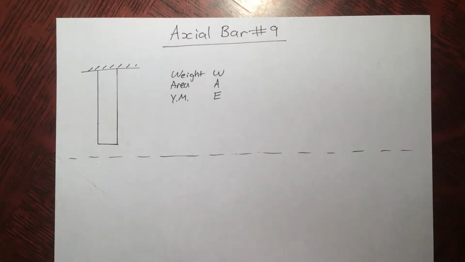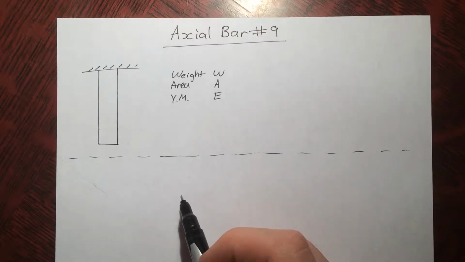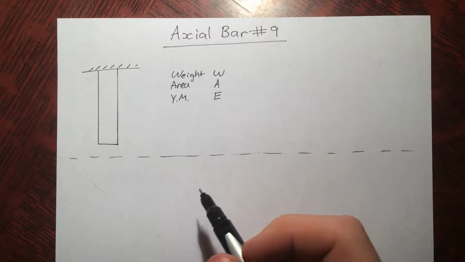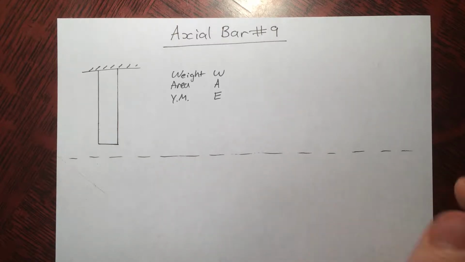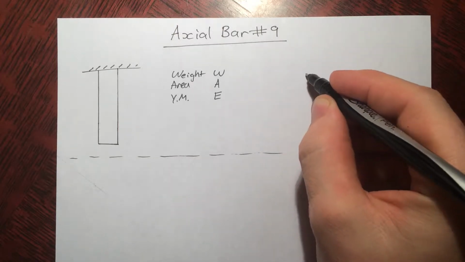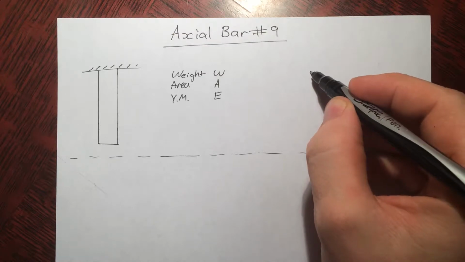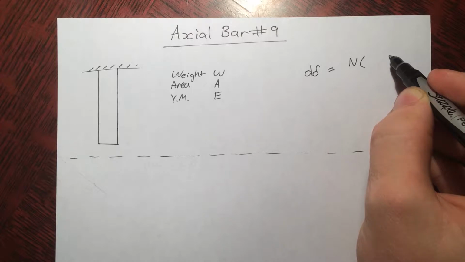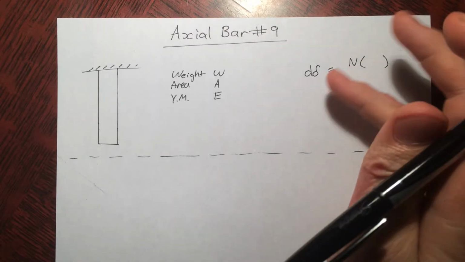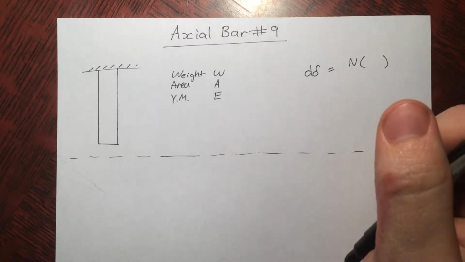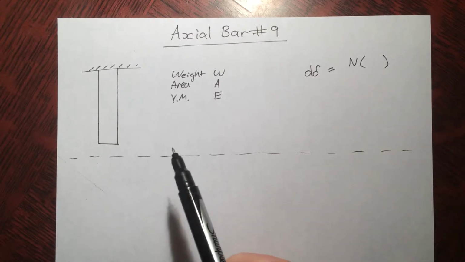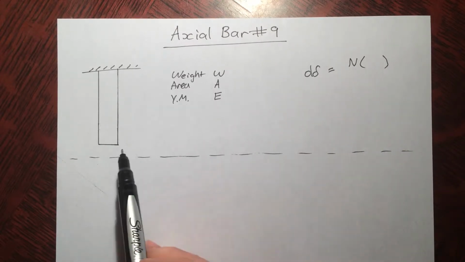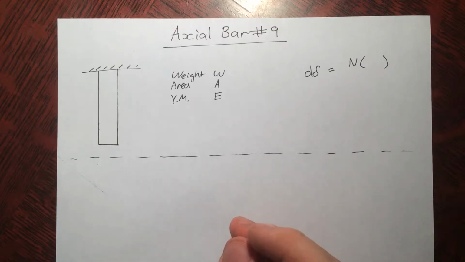Okay, so when we're solving this problem, the first thing we need to do is to find all the components of this equation here. dδ equals N as a function of, what are we going to call this a function of? Previously, we've always done it in the x direction because our bars were sideways.